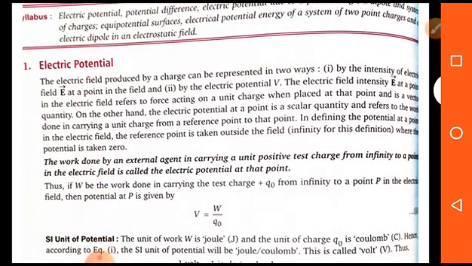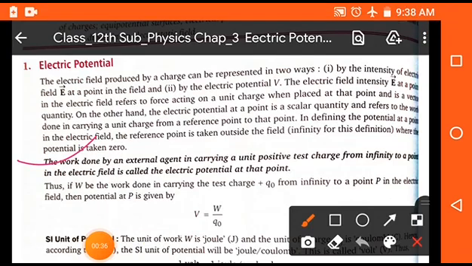As you know, electric potential is equal to the work done, and we can also define the electric potential as the work done by an external agent carrying a positive test charge from infinity to a point inside the electric field.